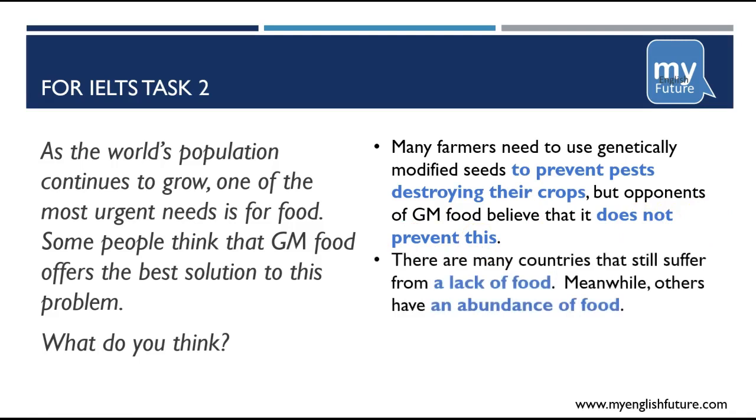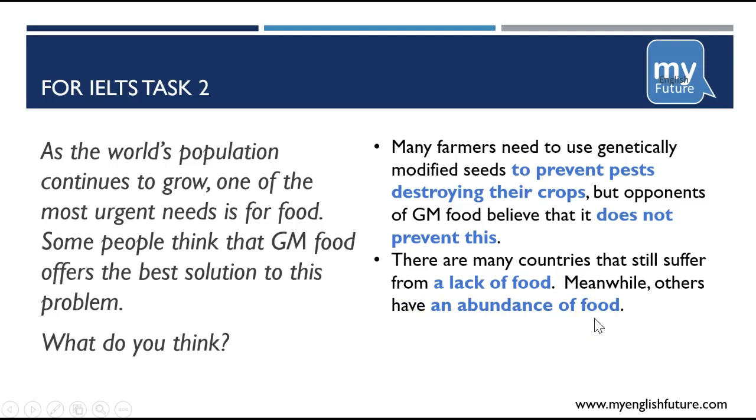There are many countries that still suffer from a lack of food. This now is a noun phrase. So you must repeat the noun phrase. Meanwhile, others have an abundance of food.